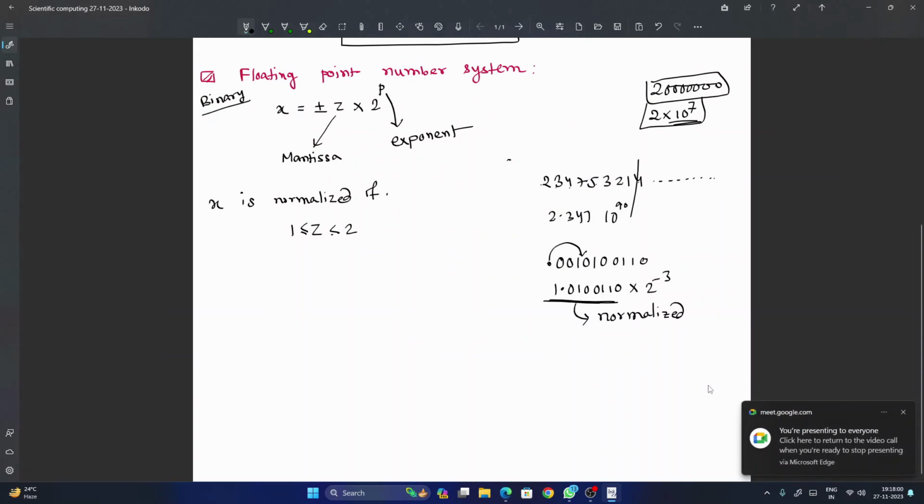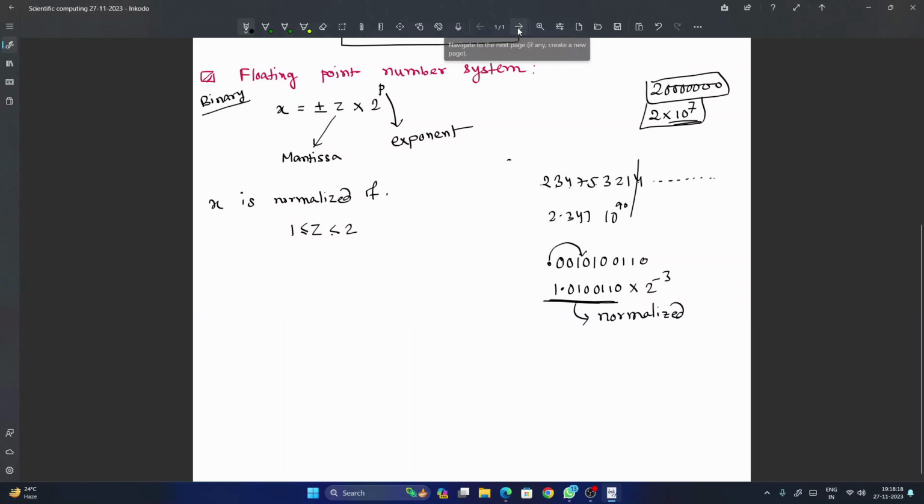Now how to save the numbers, and what is the actual format of the numbers. Basically this is the floating point system. In the floating point system, there is one sign, one mantissa portion and one exponent portion.